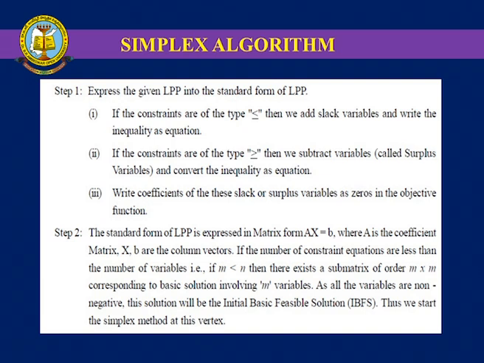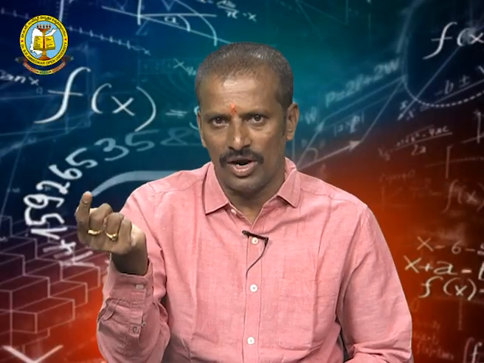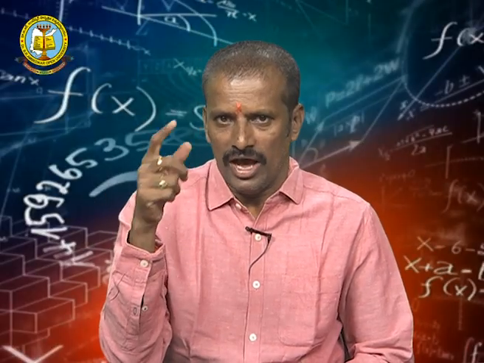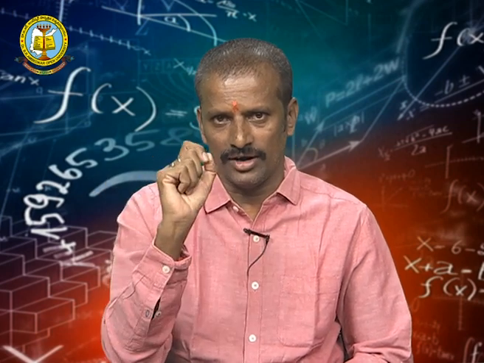In step 2, first we have to convert all inequations into equations by introducing slack or surplus variables. We have to see how many constraints are there. In those constraints, if inequalities are given, first we have to convert these inequalities into equalities by introducing either slack or surplus variables.